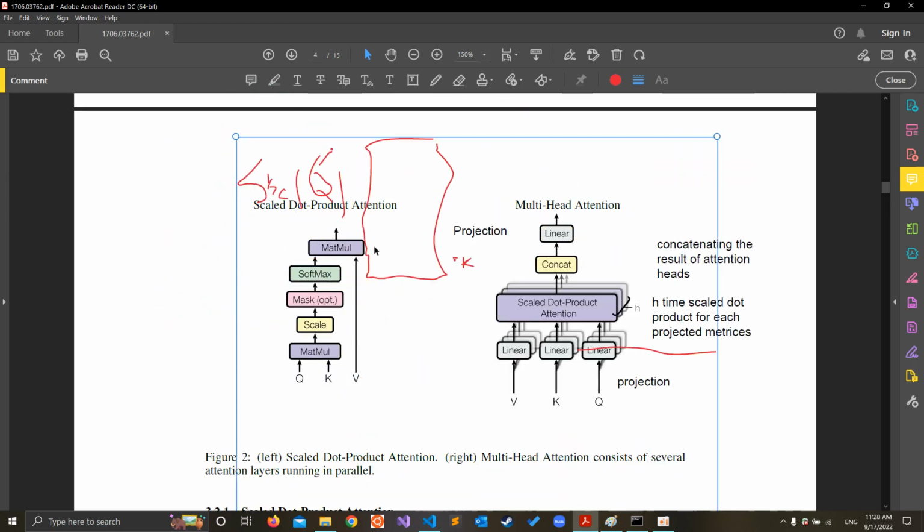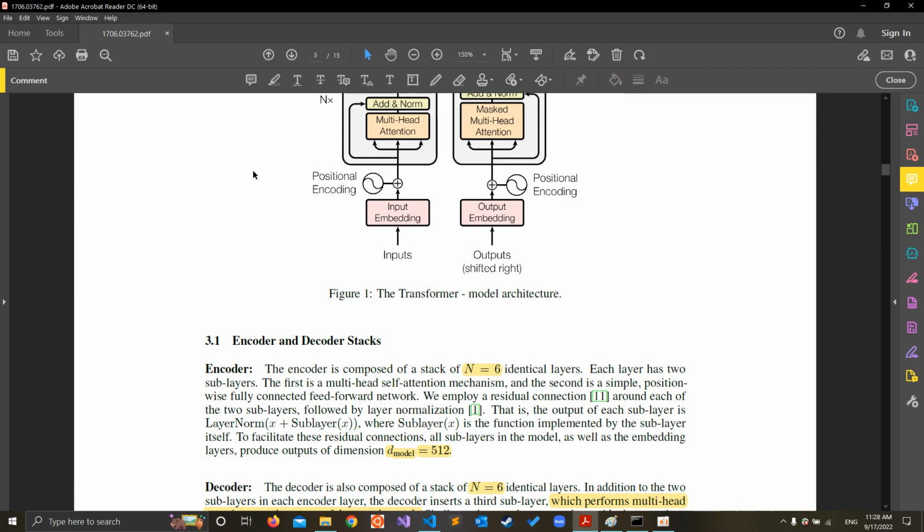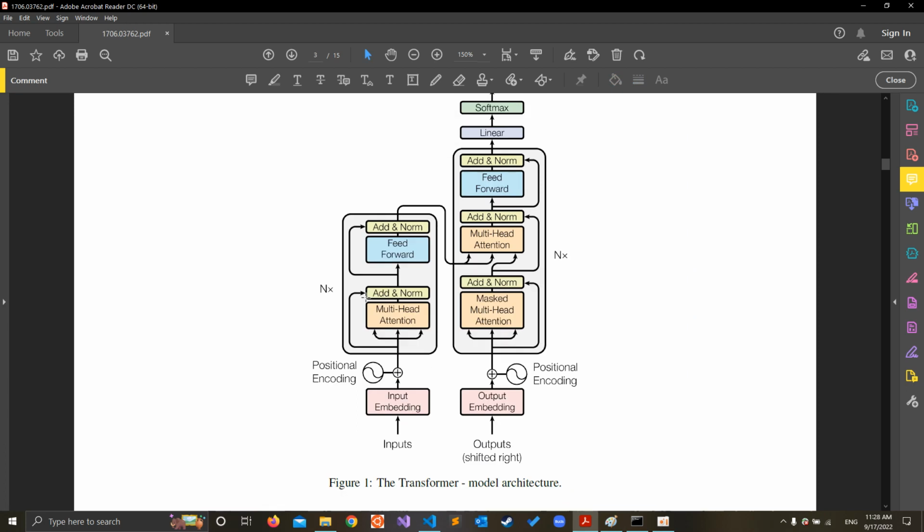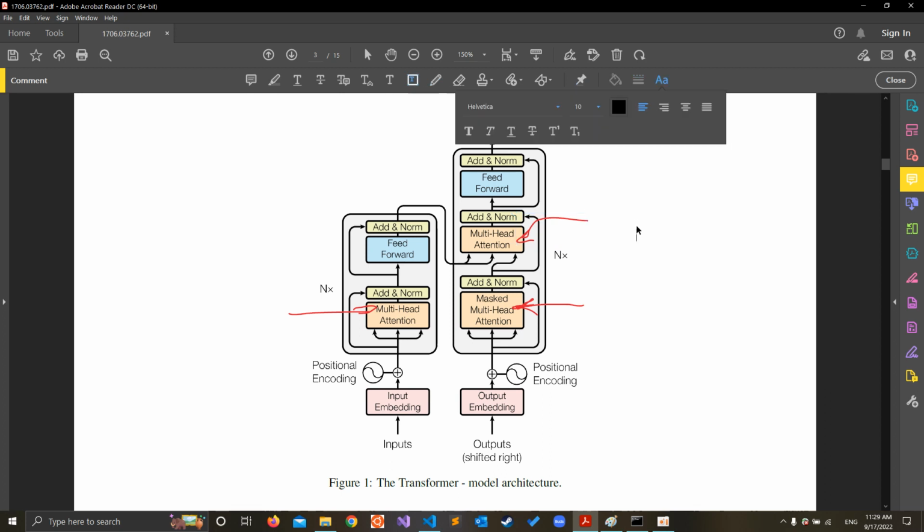This section was talking about the architecture. Basically, if you look here, we can see that we have multi-head attention.